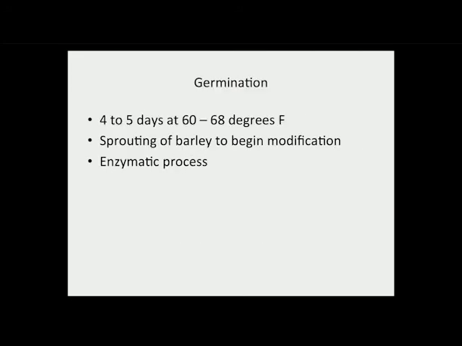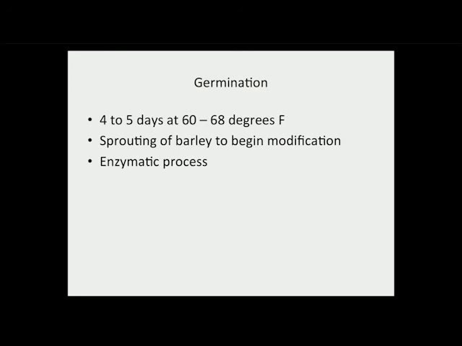After steeping is done, we drain the water from the grain, and we either put it on a germination floor, that's a much older technique, or it's put in a barrel, a drum of some kind, to be rotated, because during germination you do want the malt to move around.